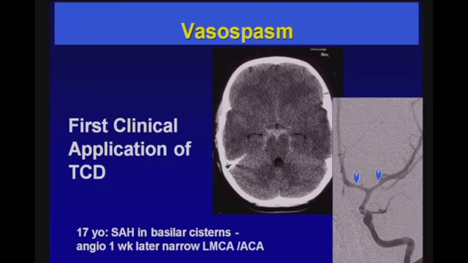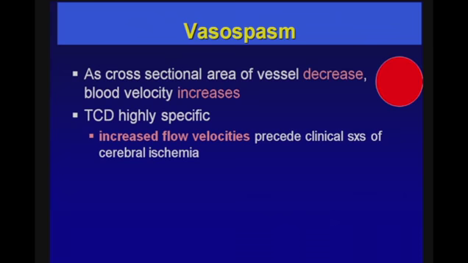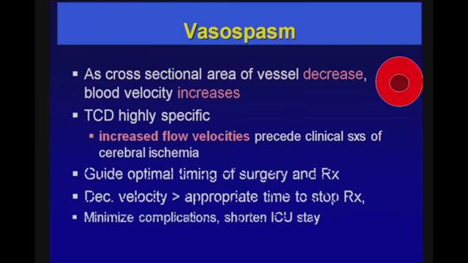So here's a 17-year-old who has evidence of narrowing of both the ACA and the MCA. What happens as the vessels narrow, you get increase in velocity. And it turns out that TCD can be highly specific in identifying who is developing vasospasm before clinical symptoms develop. This can help guide optimal timing of surgery and therapy.